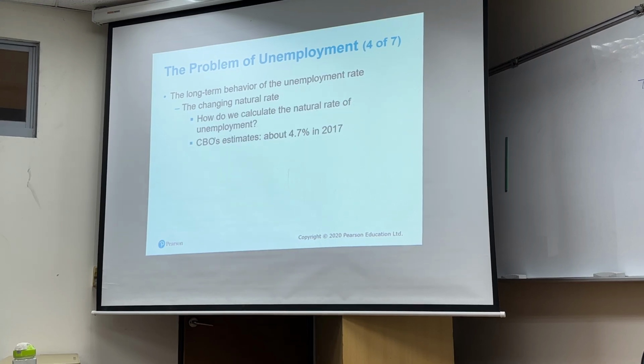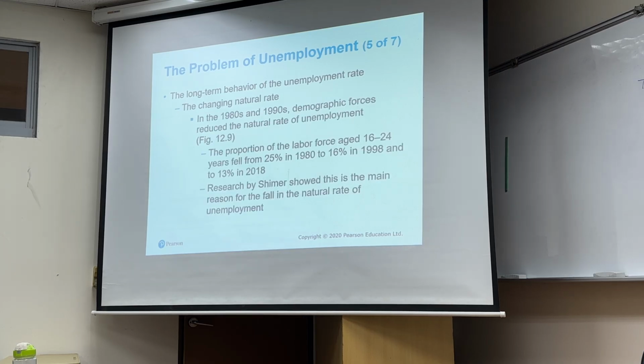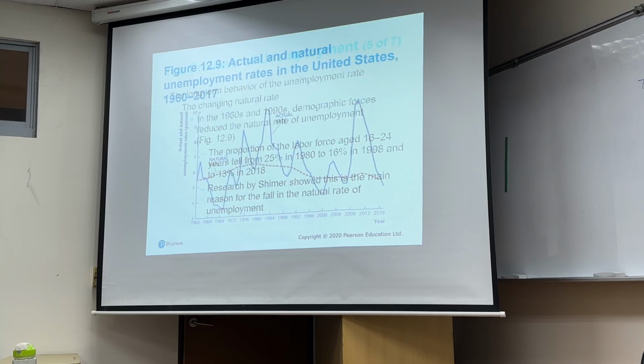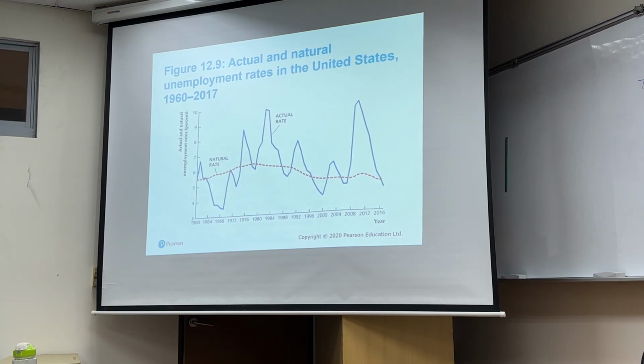So here, the note here, the changing natural rate of unemployment. Actually, our natural rate of unemployment is going down just because there's a shortage of labor, and basically the economy is still quite strong and needs a lot of people. So this is the changes of the natural rate of unemployment of the United States.